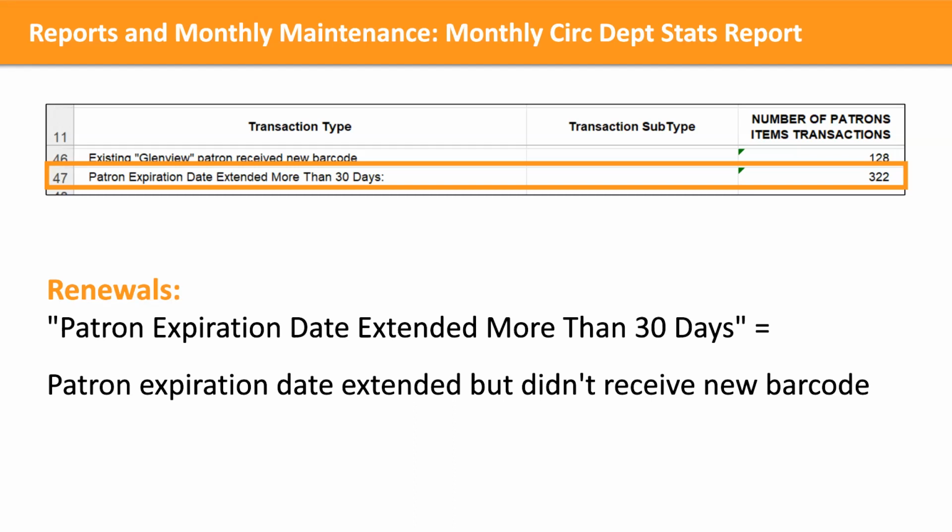This way it doesn't count a courtesy extension of a week. So these are users whose expiration dates were extended, but their barcode did not change.